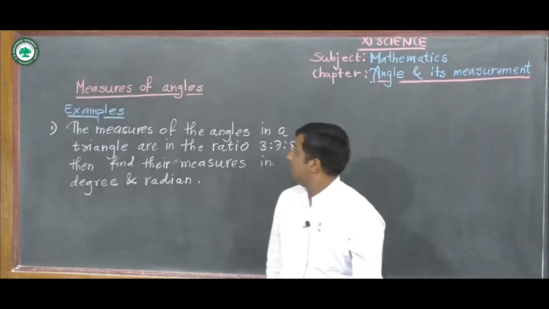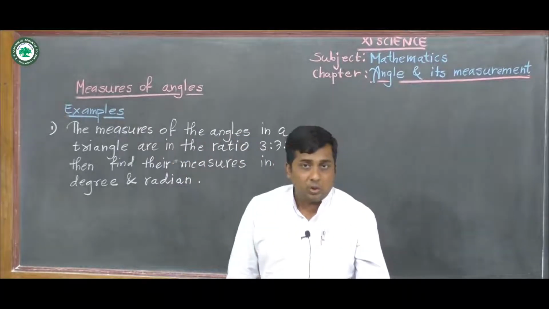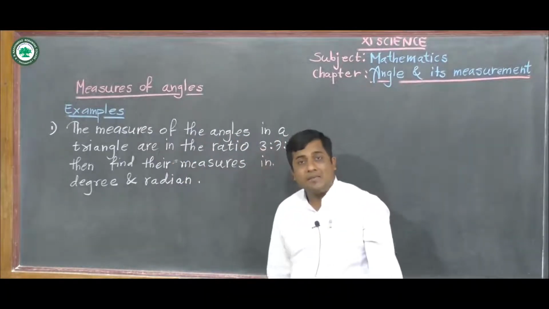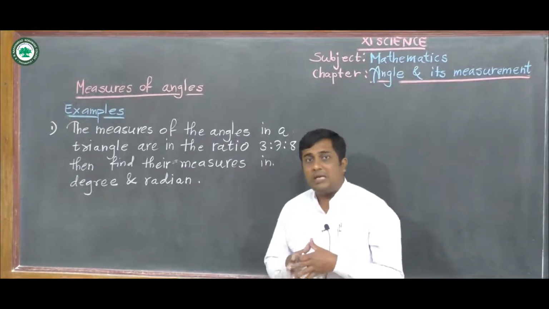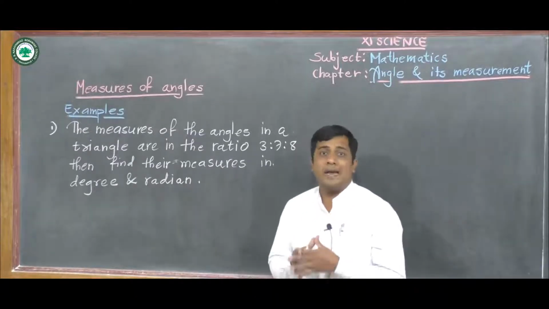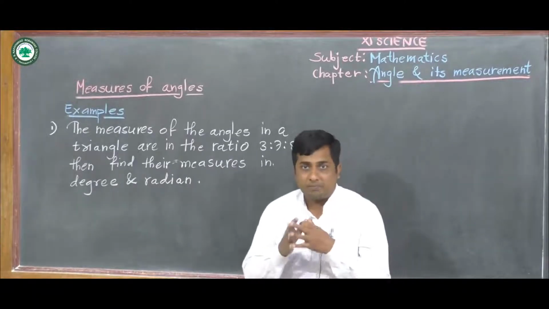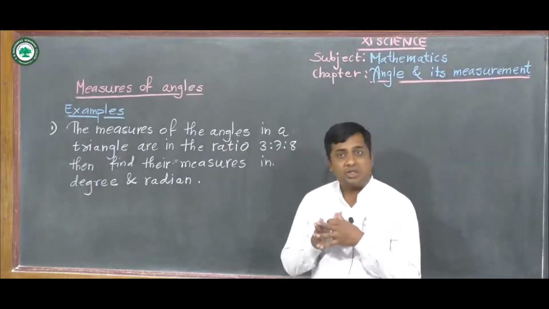Here, given the measures of angles in a triangle are in the ratio 3:7:8, and we know the sum of the angles of a triangle is 180 degrees. So by using this, we find the angles of the triangle.